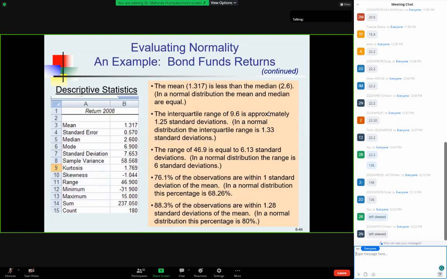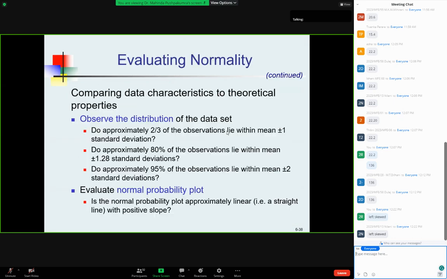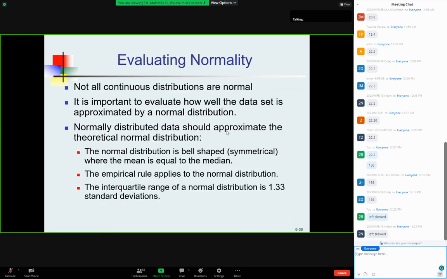So can there be a situation where some show that it's normal and some contradict? Yes, theoretically mean and median should be equal. Then there are 3 conditions. The empirical rule should be applicable.